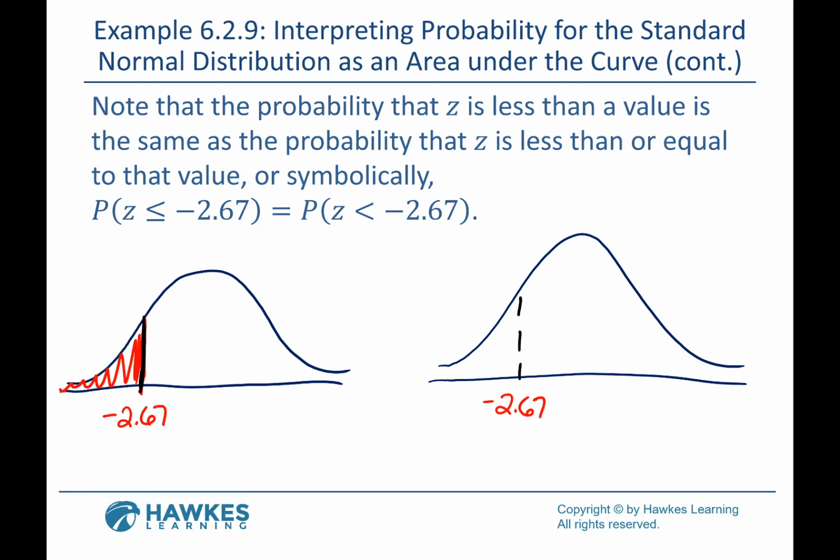The only difference between the areas is whether or not we include the line, and a line doesn't have area. A line's one-dimensional, has no area, so it doesn't make a difference in our area under the curve. There's my 30 seconds, you can wake back up now.